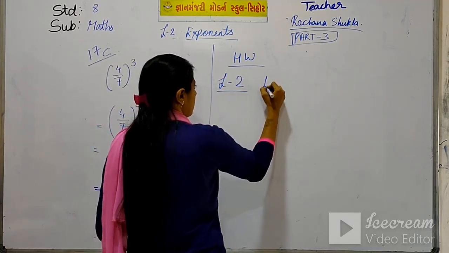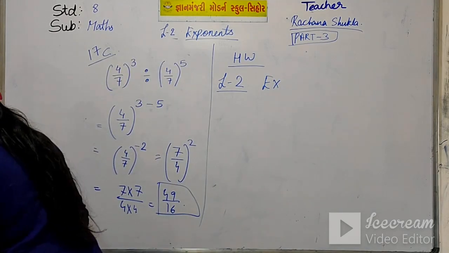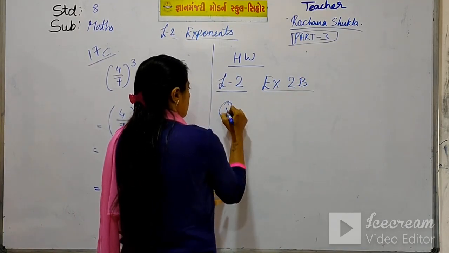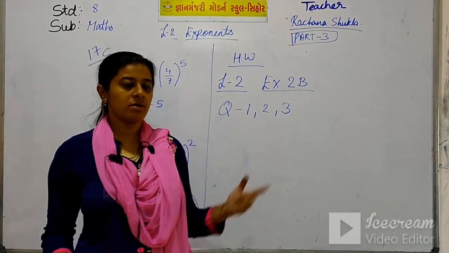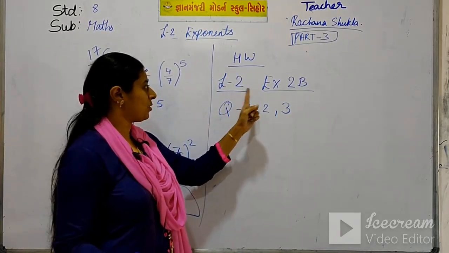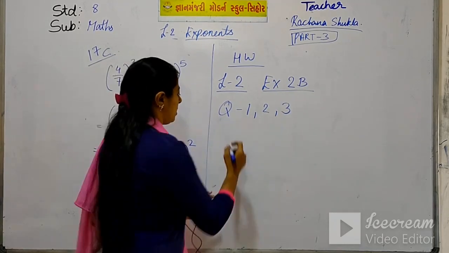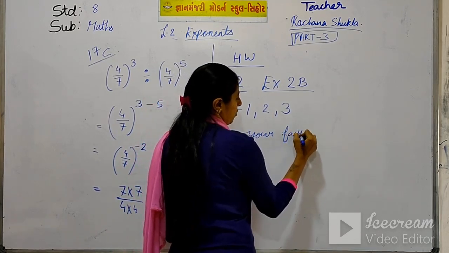Lesson number 2, exercise 2B, questions 1, 2 and 3. What is your homework? Lesson number 2, exercise 2B, question number 1, 2 and 3 in your fair book.